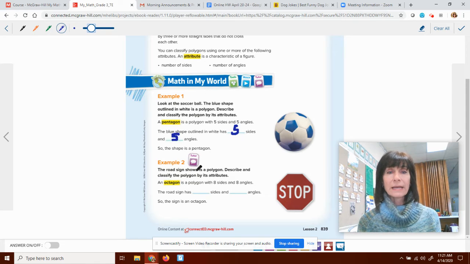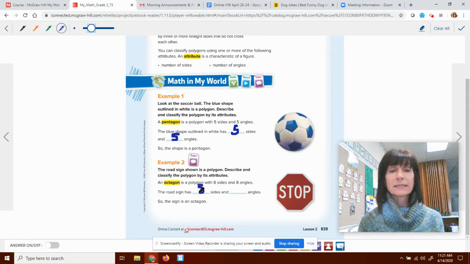Let's look at example 2. A road sign. The road sign shown is a polygon. And remember, we said a polygon has all straight lines, and none of the lines are overlapping. Describe and classify the polygon by its attributes. Well, an octagon is a polygon that has 8 sides and 8 angles. The road sign has 1, 2, 3, 4, 5, 6, 7, 8.